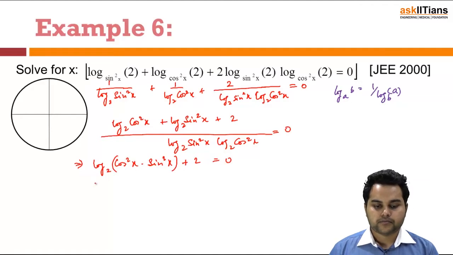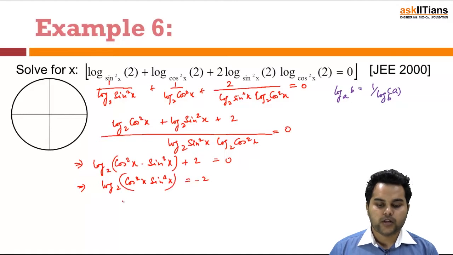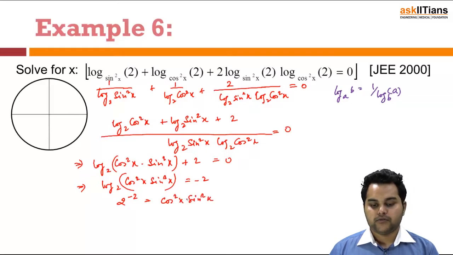I get log base 2 of cos square x sine square x being equal to minus 2, or 2 raised to the power of minus 2 is equal to cos square x sine square x, which can be further written as sine square 2x over 4 is equal to 1 over 4. That gives me sine square 2x equal to 1.